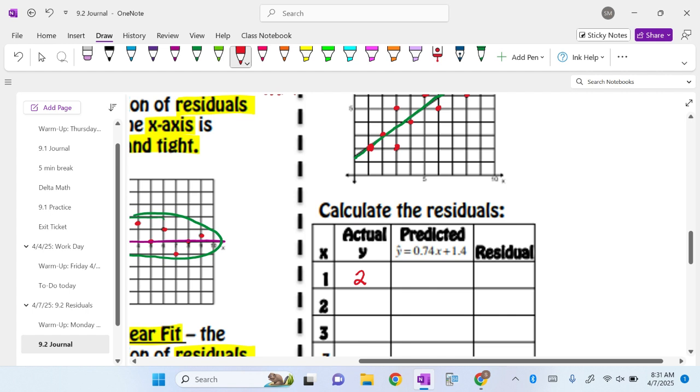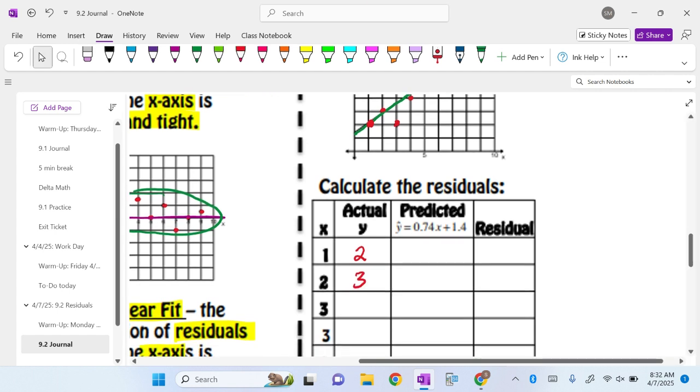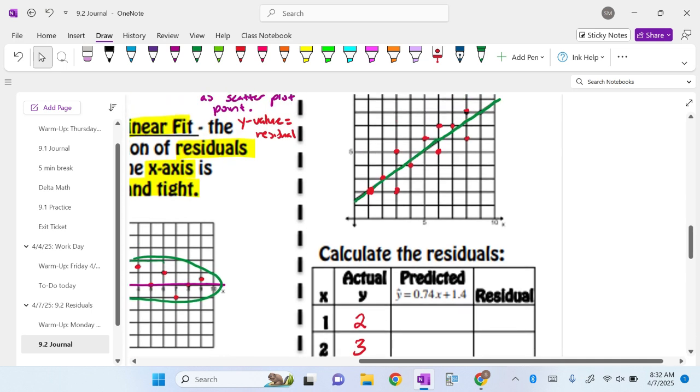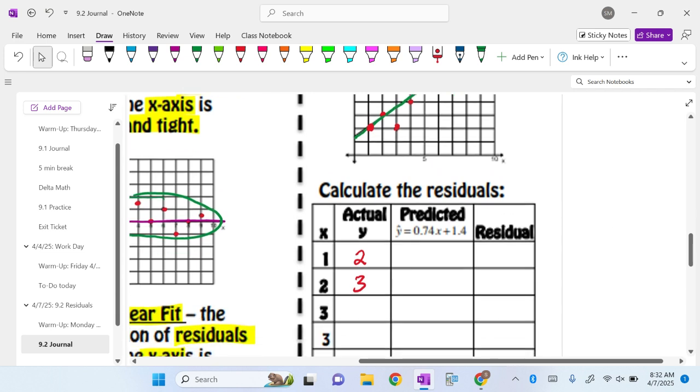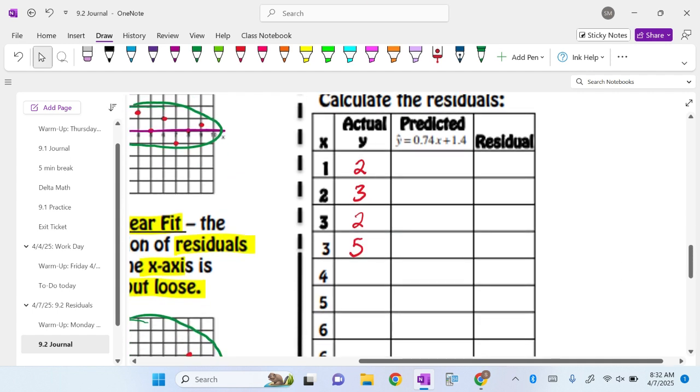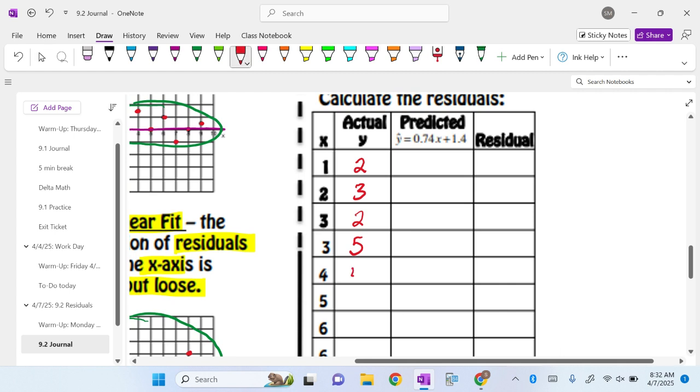And you would keep going down and doing that. When x is 2, y is 3. When x is 3, there are 2 points, a y value of 2 and a y value of 5. When x is 4, it has a y value of 4. When x is 5, it's 6.